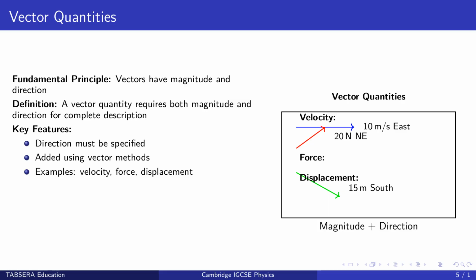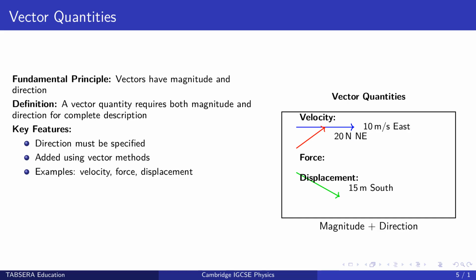Now we examine vector quantities. The fundamental principle states that vectors have both magnitude and direction. This means they require two pieces of information for complete description. The definition is, a vector quantity requires both magnitude and direction for complete description. Key features include, direction must always be specified.